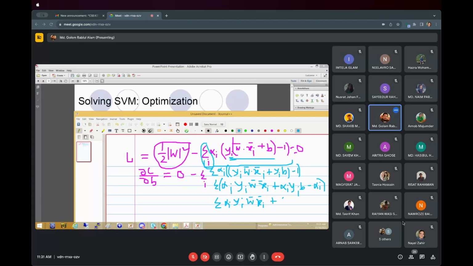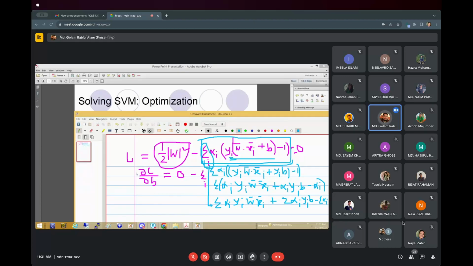So here that means summation alpha I yi b and minus summation of alpha I. Okay, so that means from this part, we will get this one.